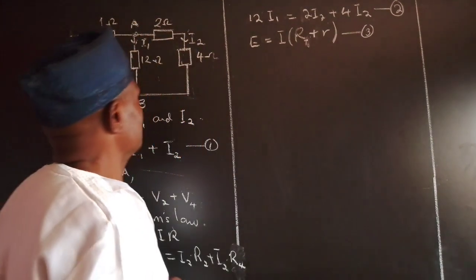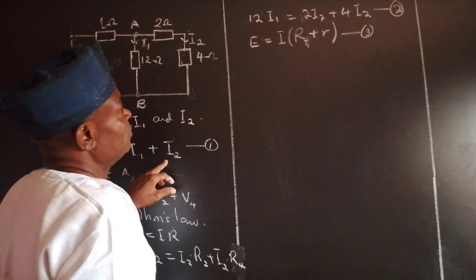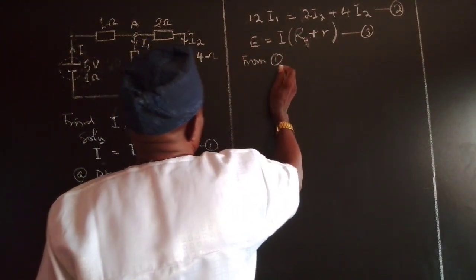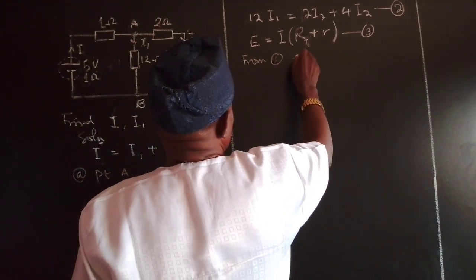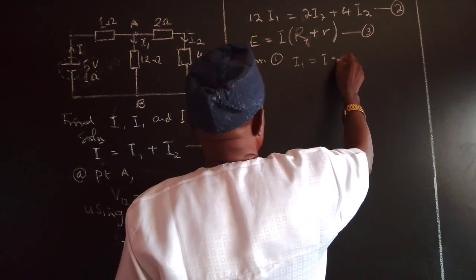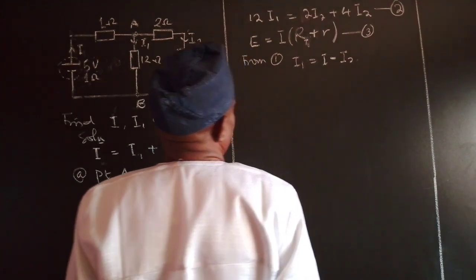So the first thing we are going to do is try to eliminate one of the currents. We start from equation 1. From equation 1, our current I1 is equal to current I take away current I2.